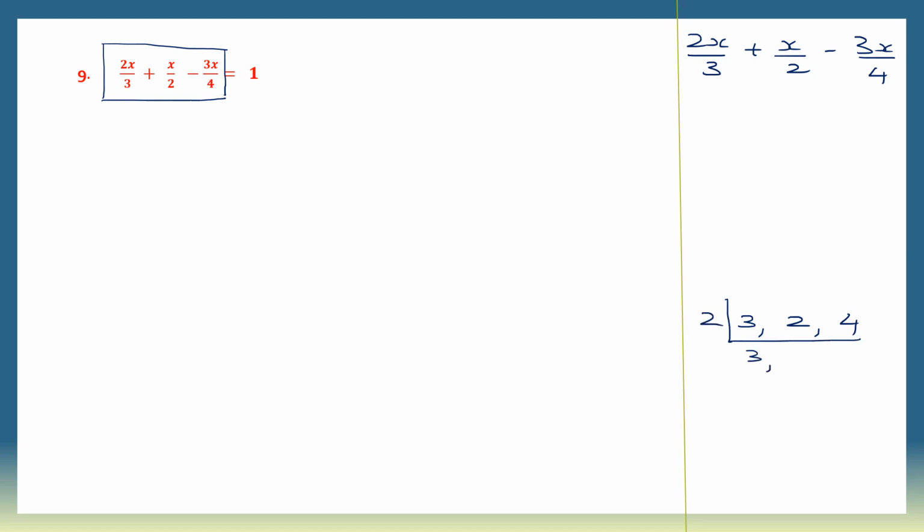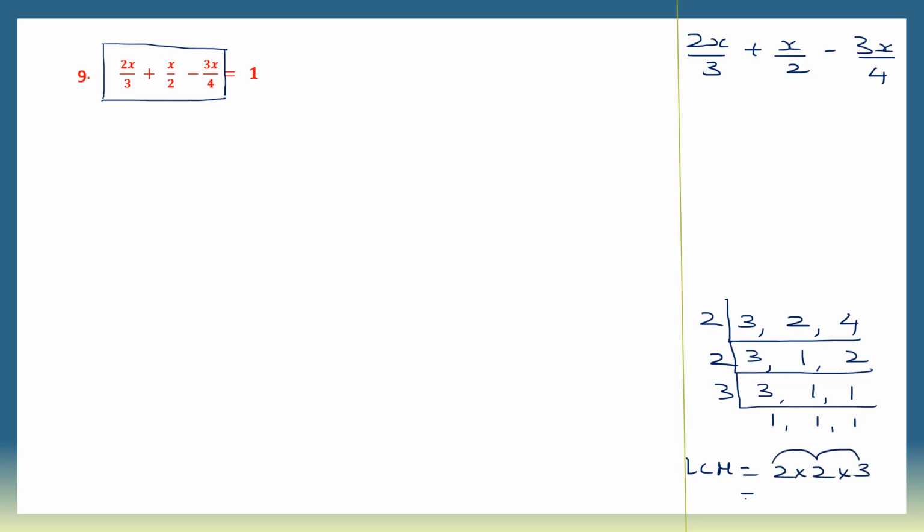So 3, we write it as it is. 2 1s are 2, 2 2s are 4. Continue with 2. I bring down 3, 1 and 2 1s are 2. Now I can take 3. 3 1s are 3, 1 and 1. So our LCM here is 2 into 2 into 3. 2 2s are 4, 4 3s are 12. So the common denominator is 12, which is the LCM.